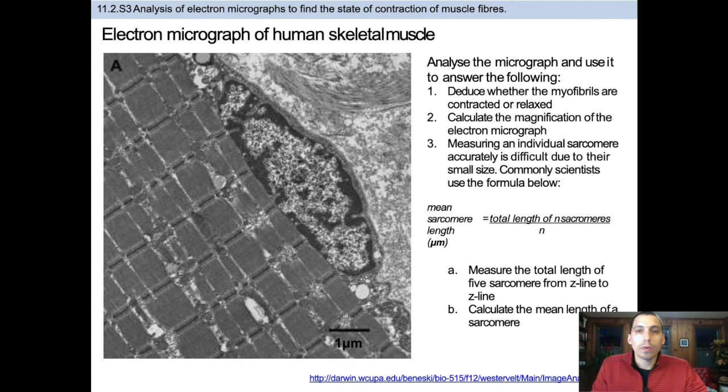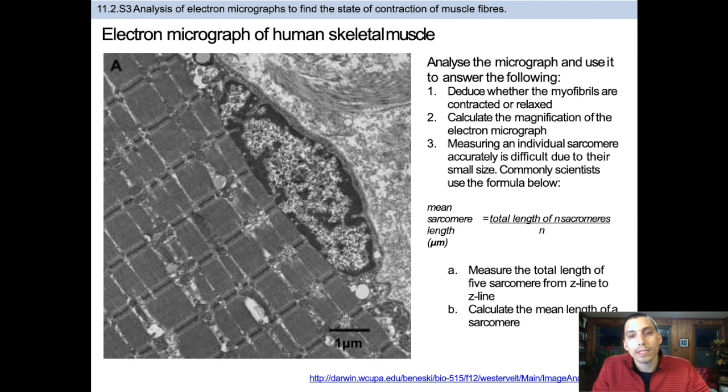So for example, we have here a micrograph. You could be asked to deduce whether the myofibrils here are contracted or relaxed. You could be asked to calculate the magnification of the electron micrograph, which was way back in topic 1.1.